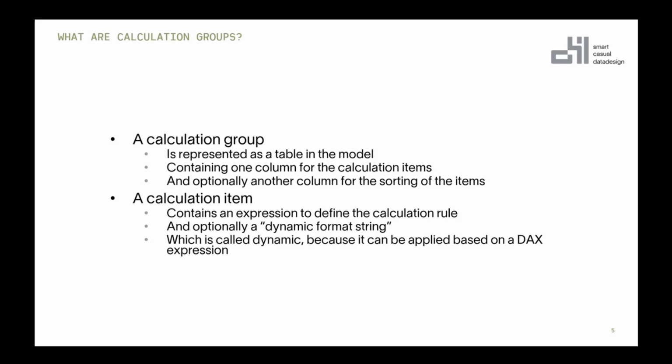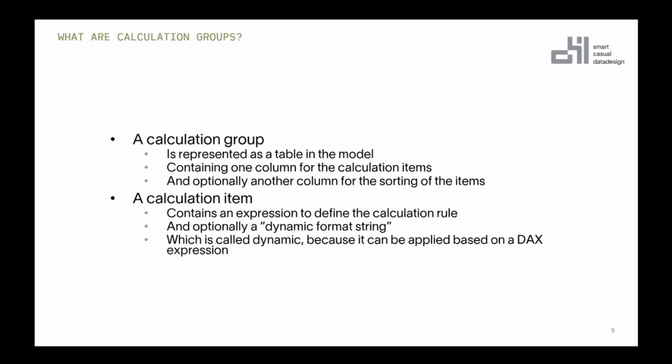You can name that item, you can sort those items, and each item contains a calculation rule. It's a DAX expression that can be applied to different measures. And by this, you can reuse the calculation rule that you defined in that calculation item.